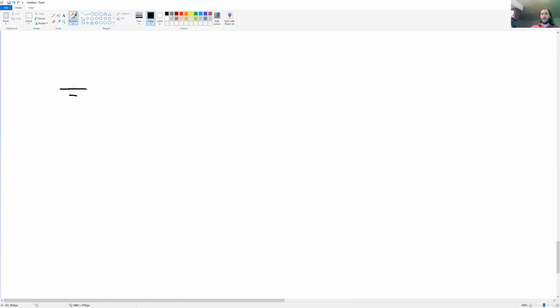So where we have an EMF source like this, we have a resistor, we have a capacitor, right? Like so. So we can use the symbol E there, R, and C.